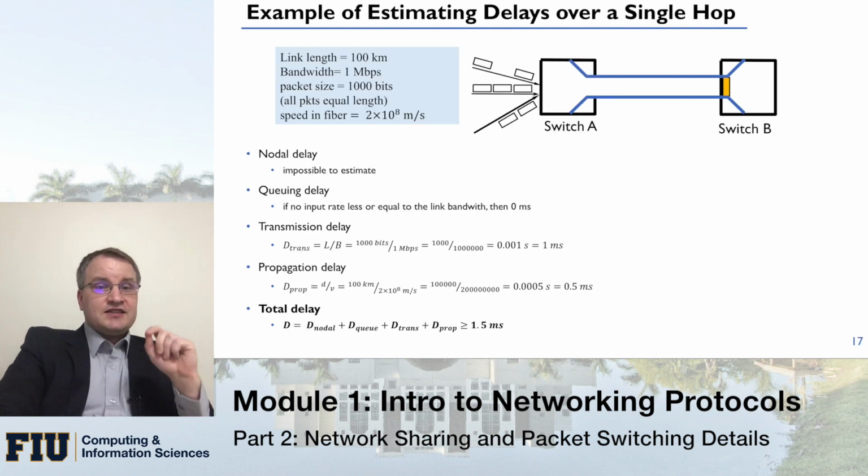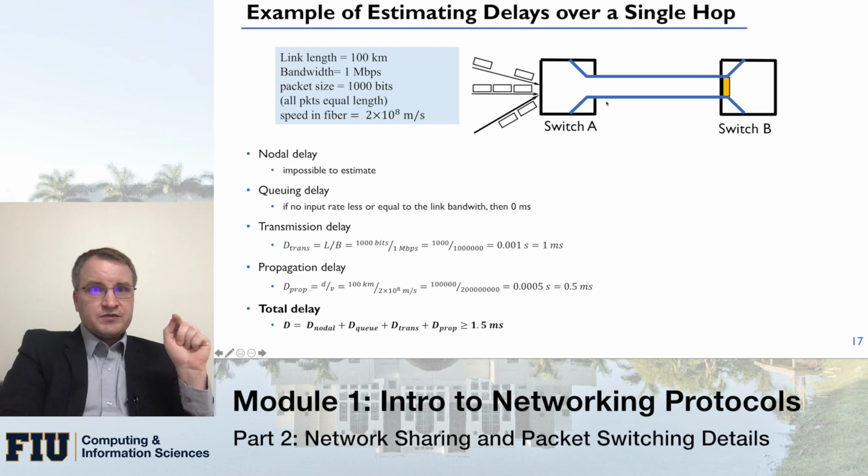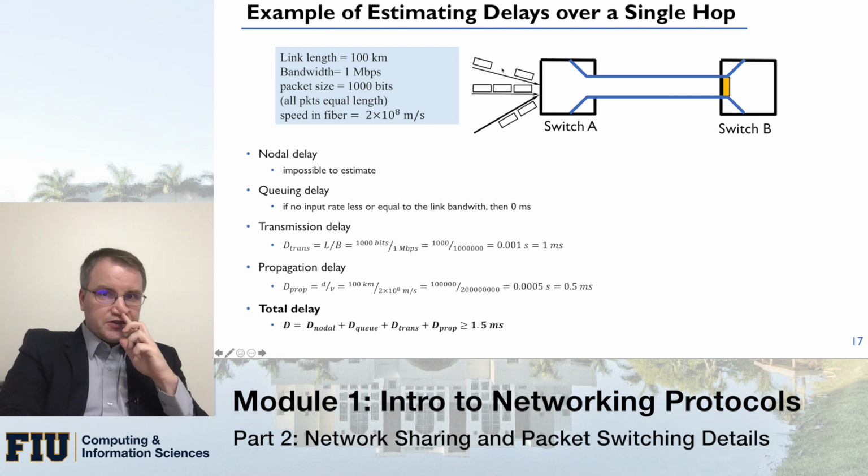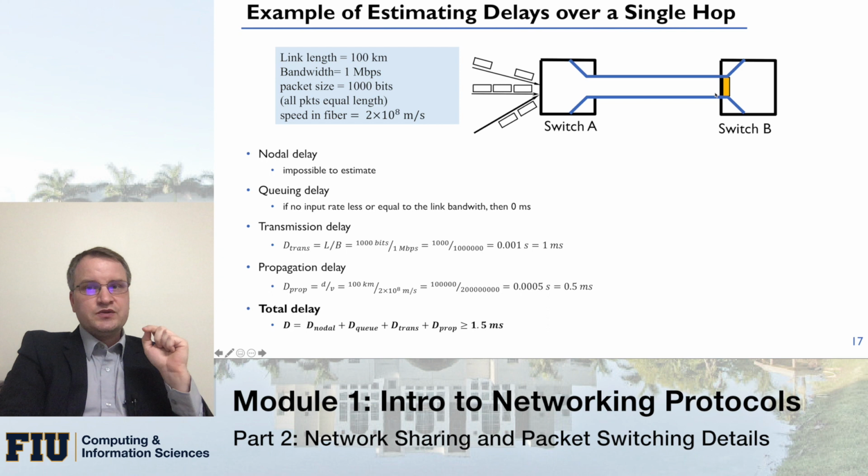And again, getting everything back together, an example estimate. If you have just a single link, you can relatively easily estimate all this: nodal, queuing, transmission, and propagation delay. I'm giving you all these formulas here. Here I'm having the link bandwidth. The basic assumption is that you are only transmitting packets and incoming and outgoing links have the same bandwidth.